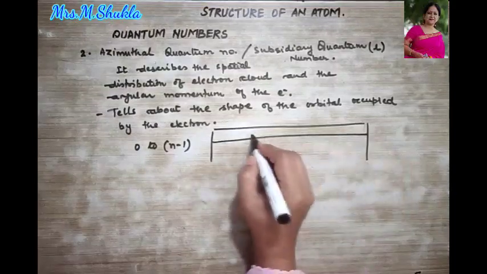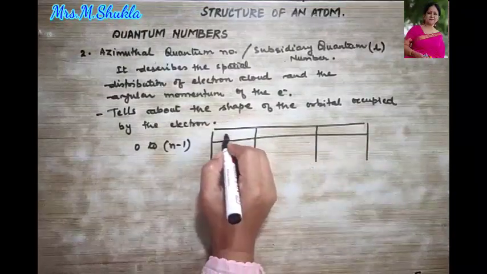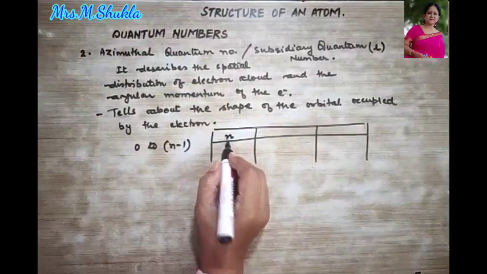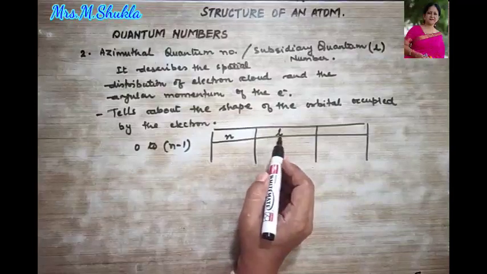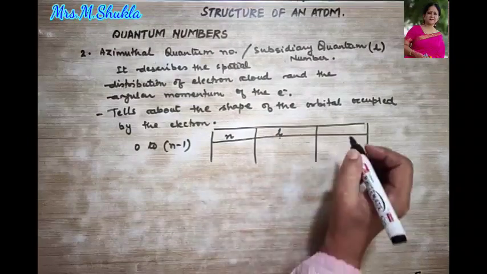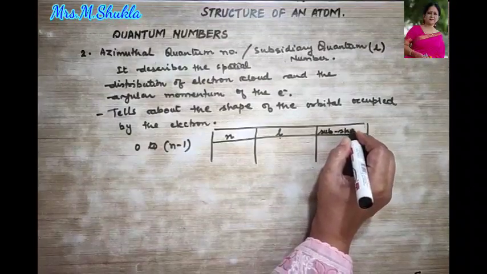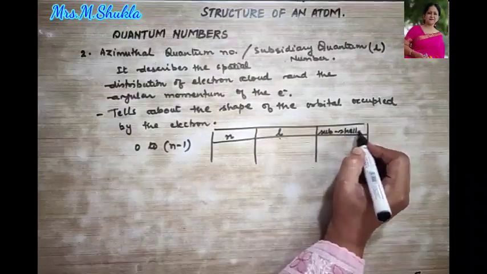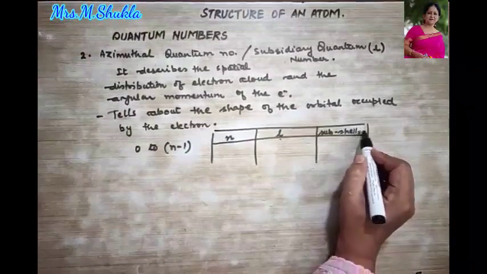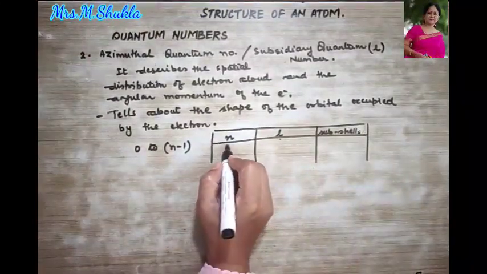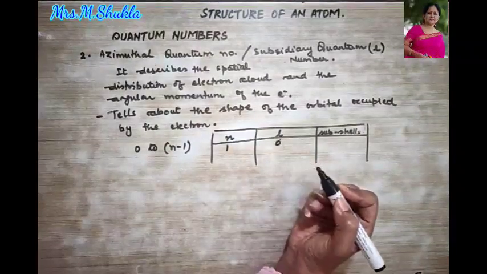So if I make this table divided into 3, this is n, that is the principal quantum number. Here I am going to mention all the azimuthal quantum numbers, and here the subshell notation. Let's begin. If n is 1, then what is l? It is 0.